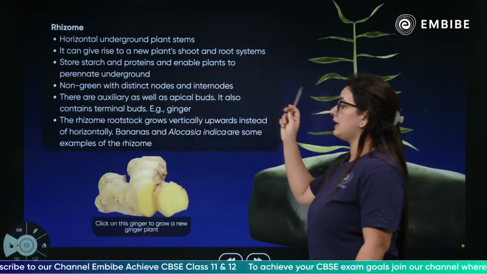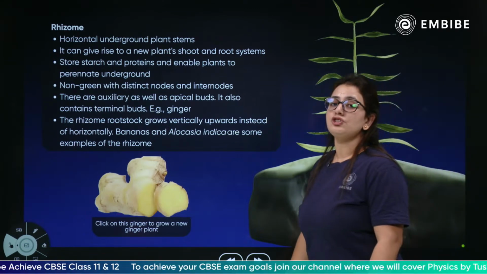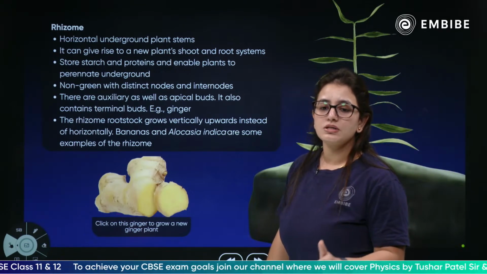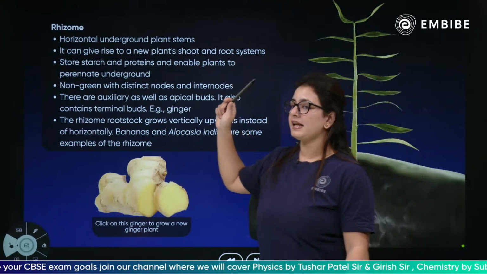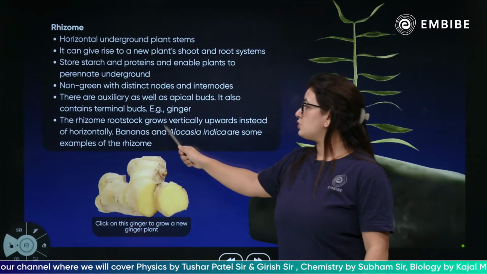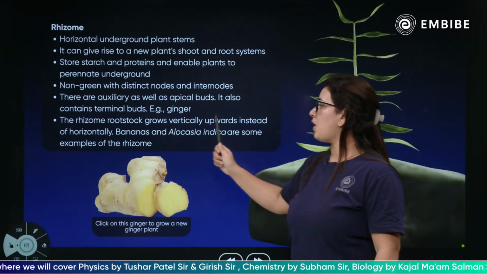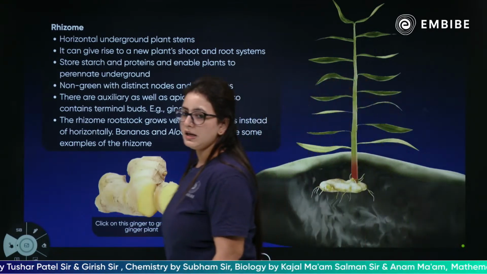It is non-green with distinct nodes and internodes. All of you have seen the scaly regions on the ginger, those are nodes and internodes. These are axillary as well as apical buds. It also contains the terminal bud, example ginger. In some rhizomes the rootstock grows vertically upwards instead of horizontally. Bananas and Alocasia indica are some other examples of the rhizome.